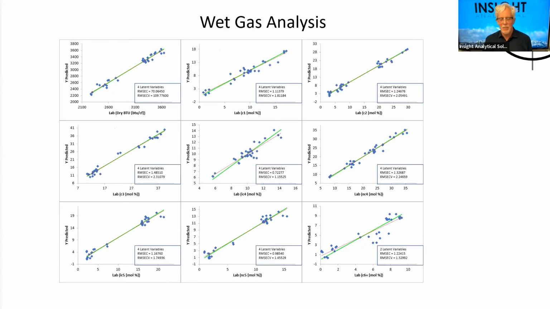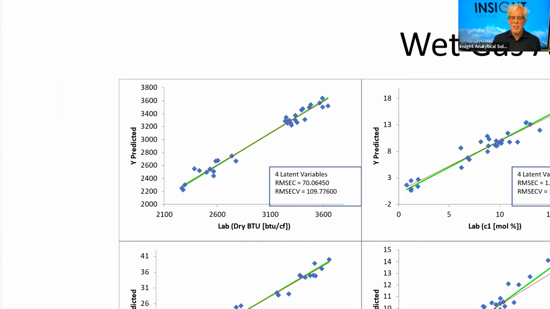I know these are a lot of graphs that are impossible to see, but I'm going to zoom in so I can sort of jump in on this. These are some correlation plots that show when we run lab samples and compare them to the analyzer. We start out at the top with dry BTU. See a good range of measurement from around 2200 to 3600 BTU.